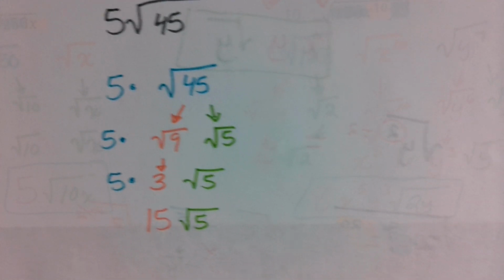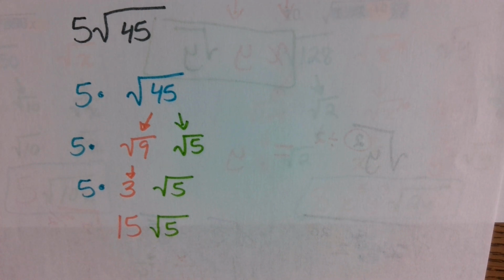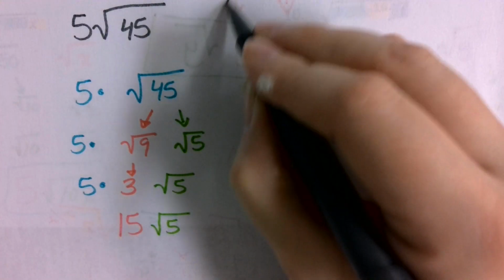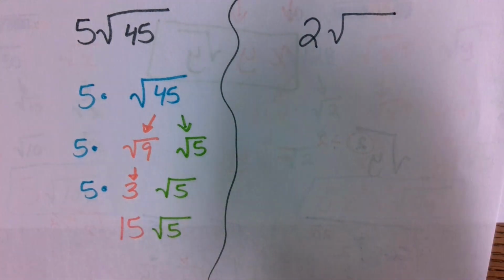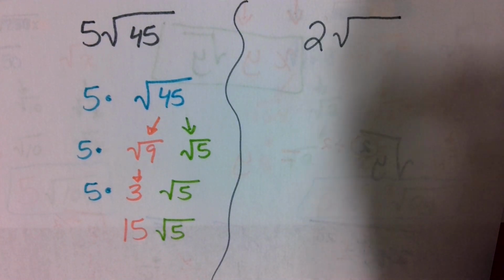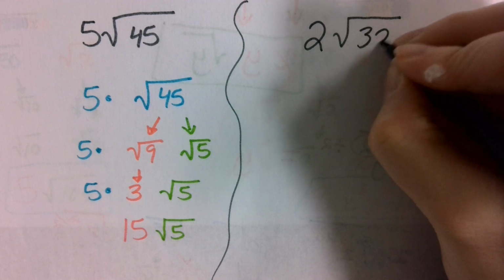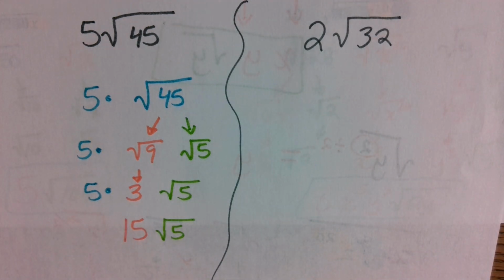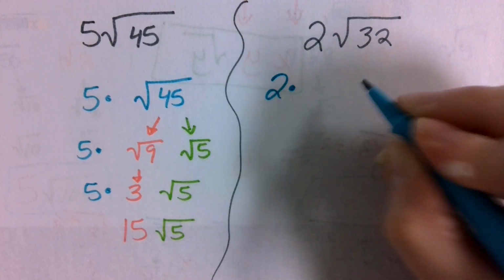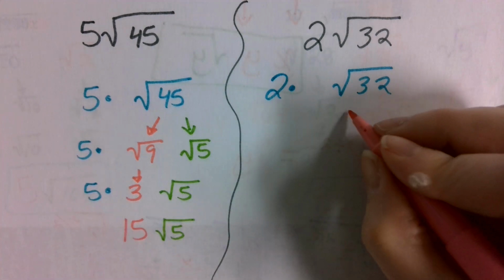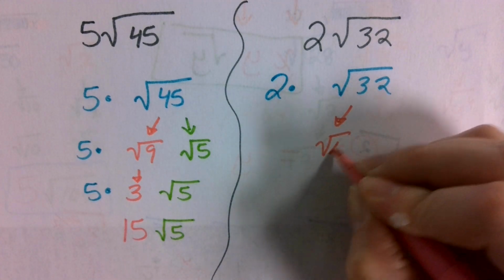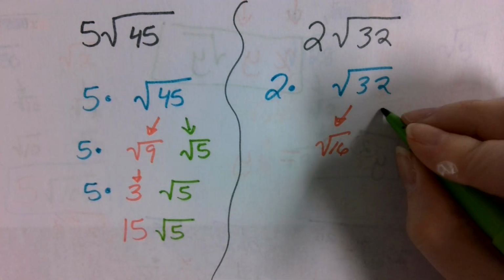Okay, I'll do one more example, and I'll leave these up here for you. Let's say that we've got a problem like 2 square root of 32. We have 2 square root of 32. So the 2 is just going to stay separate. 32 is what we're going to break apart. 32 can be broken apart as square root of 16 and square root of 2.